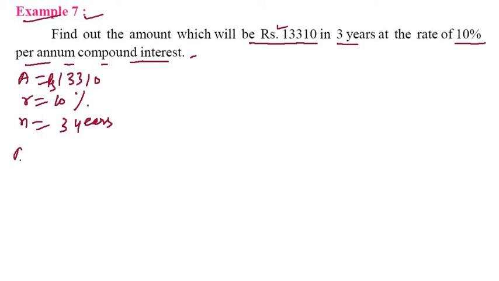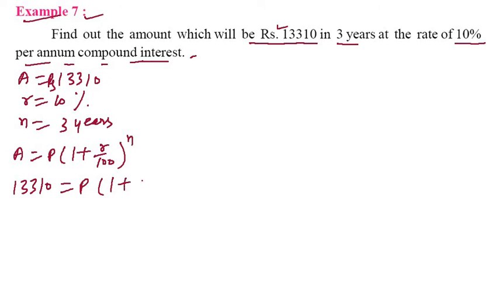So the formula is amount will be equal to principal into 1 plus R upon 100 to the power n. So 13310 is equal to P into 1 plus 10 upon 100, and whole power is 3.